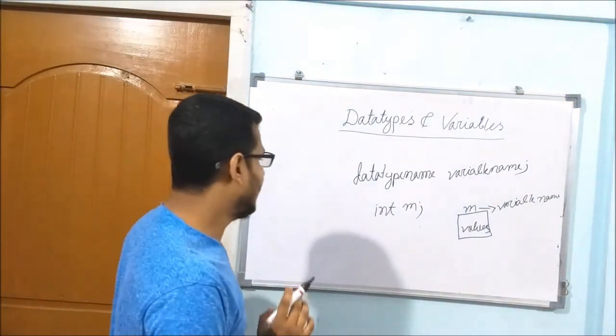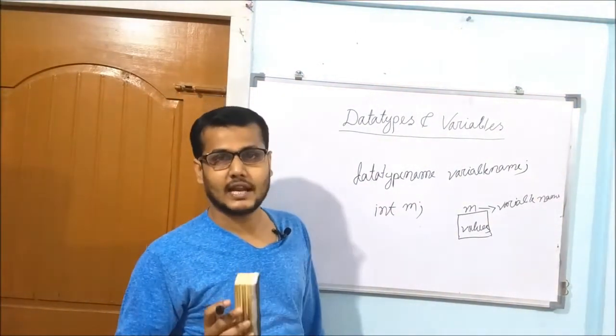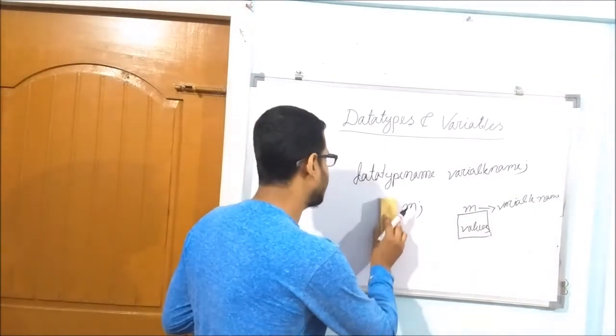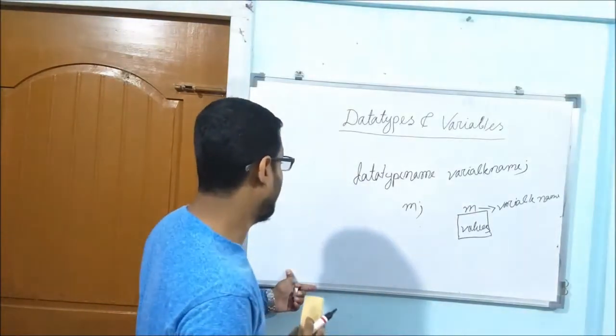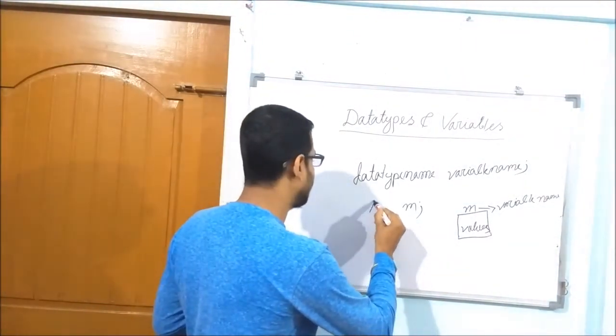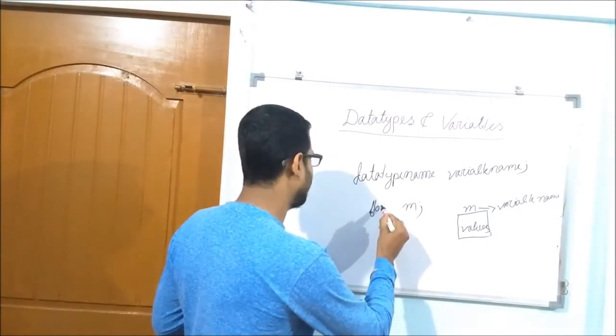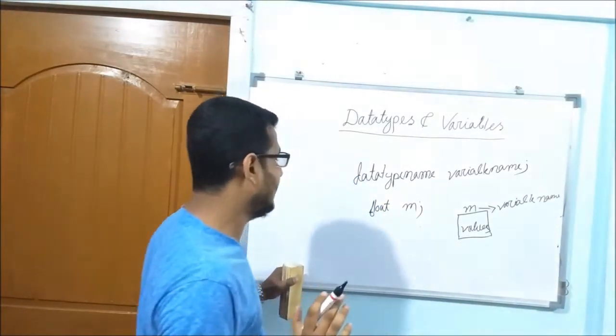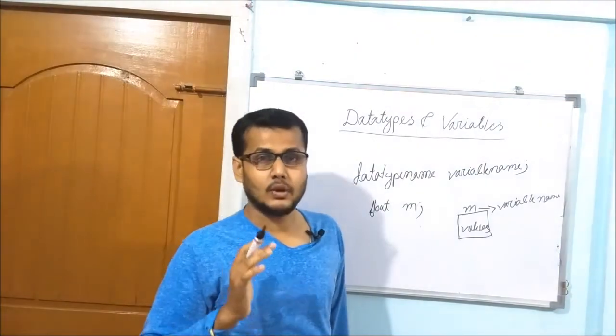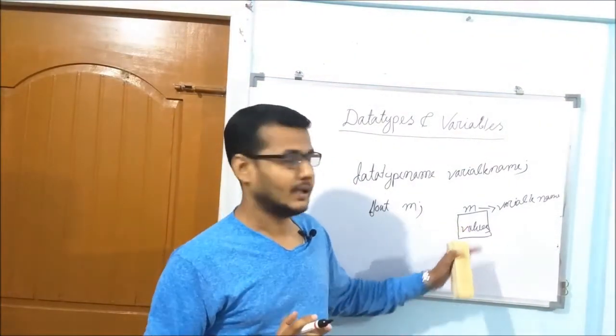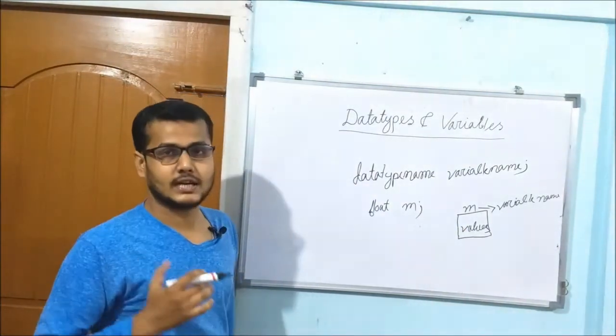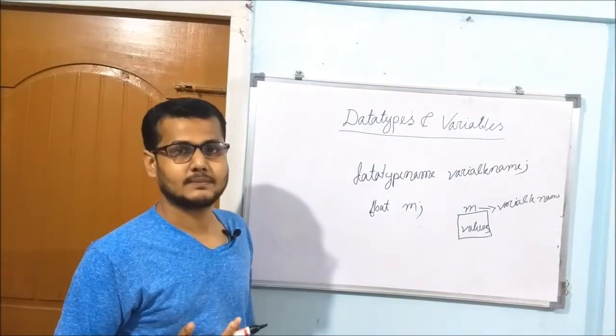But if you declare m variable data type as float, then computer memory space will allocate 4 bytes, because float variable data type size is 4 bytes.